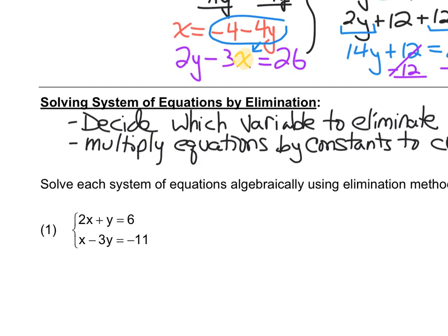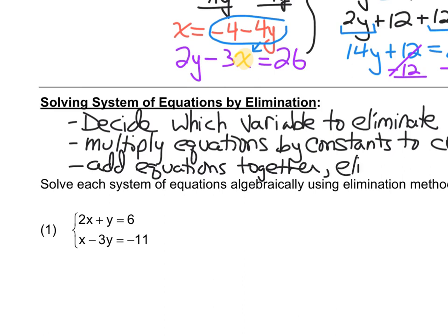Add your equations together. Eliminate a variable.